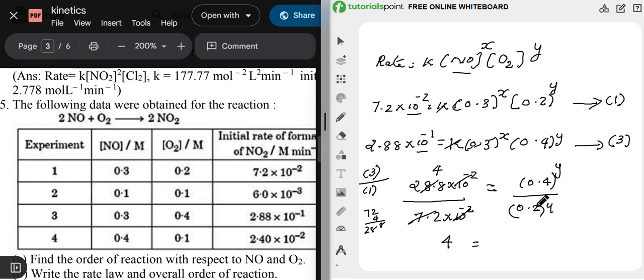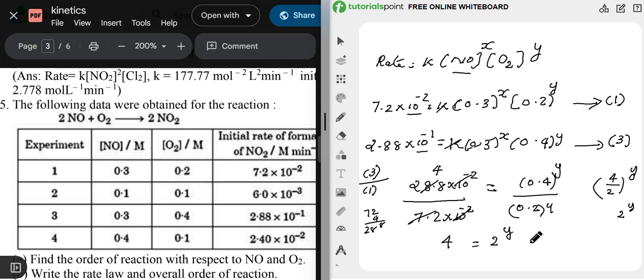And 0.4 by 0.2, one decimal only, so we can write it as 4 by 2. And same power, so I can write it like this, right? And 4 by 2 is 2, so 2 raised to y. Now when you equate it like this, if the base is the same, the power also will be the same.